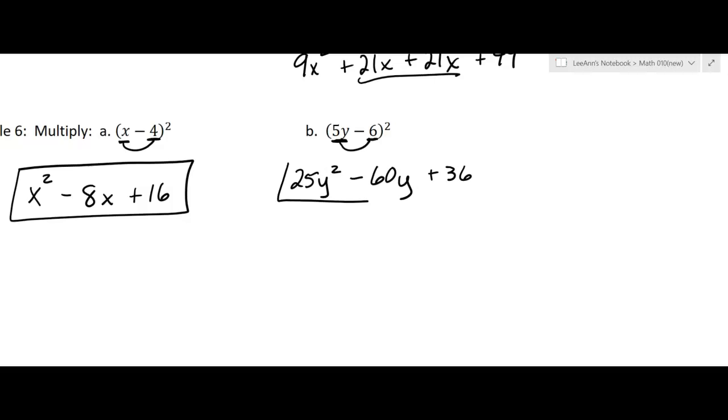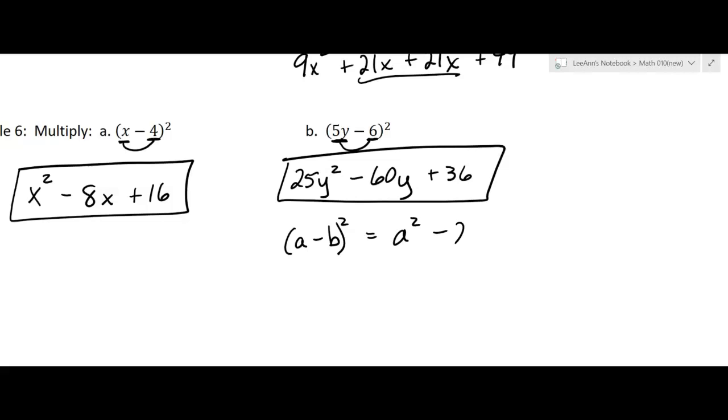Okay. Now, those of you who are like, I really wanted to use that formula. Let me show you how that works. Oh, shoot. It's minus. And it's good to know how to use formulas. Sometimes we need them. Okay, in this case, we have a 5y minus 6, and we're squaring that.